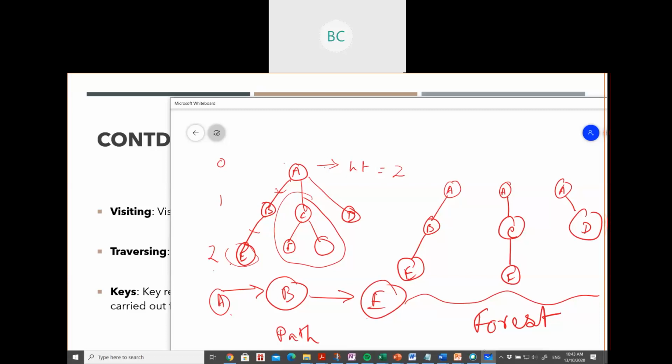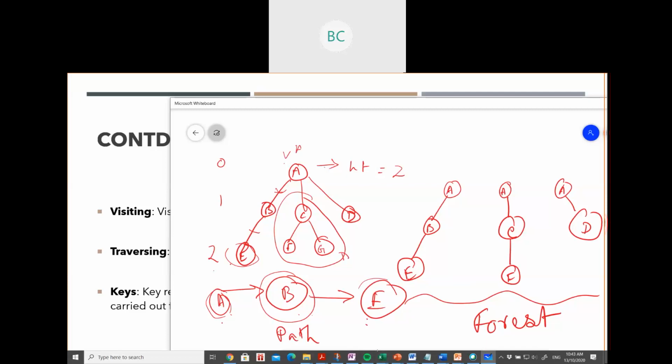Now, when you traverse from A to E, you have visited the node B. So B is your visiting node, A is your source node, and E is your destination node. Suppose this one is another, and I'm telling you your source should be A and your destination should be this one.